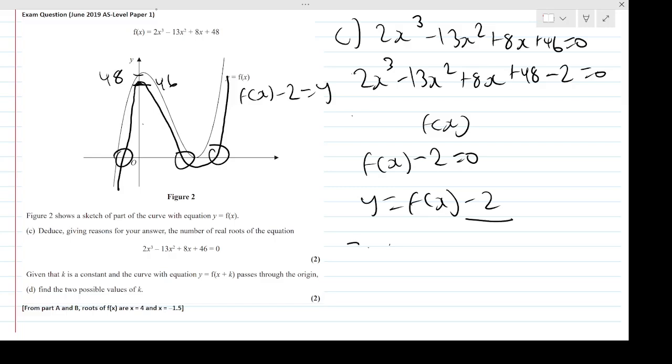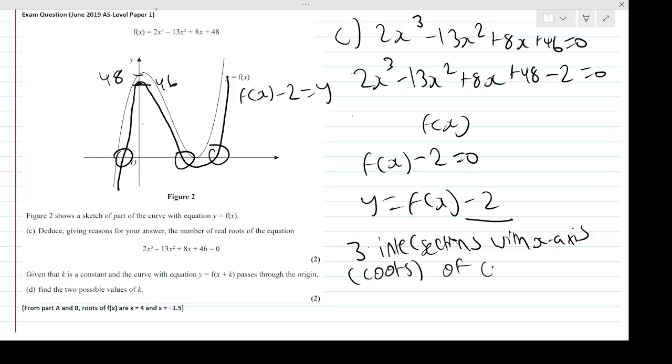So therefore, there are 3 intersections with the x-axis, or you could just say the roots, right? Of the curve y is f of x minus 2.